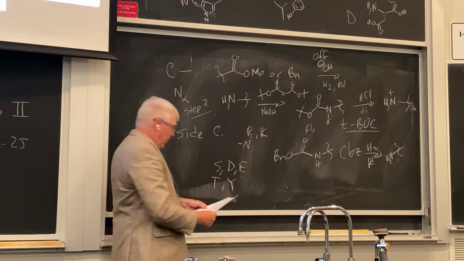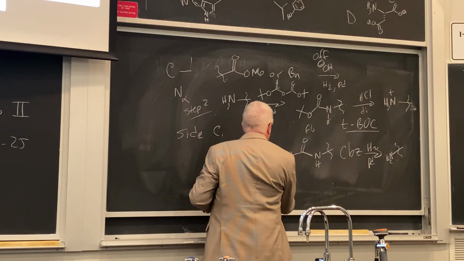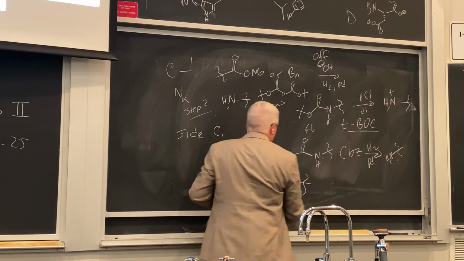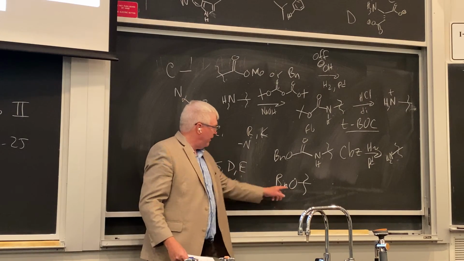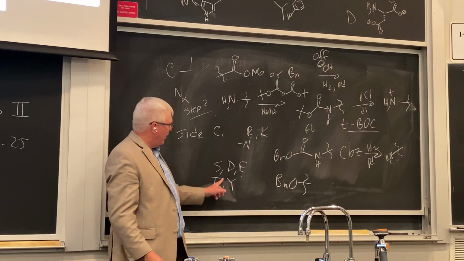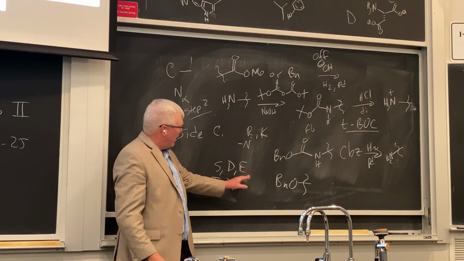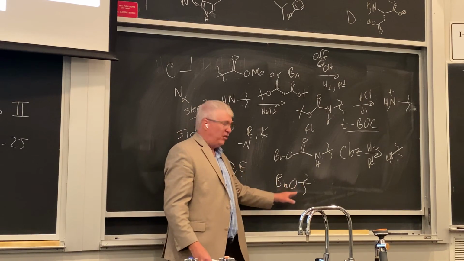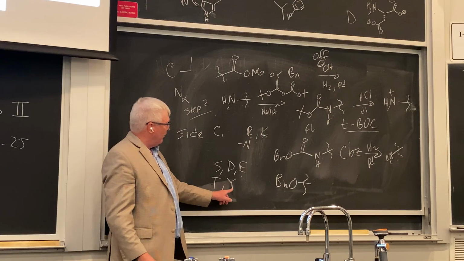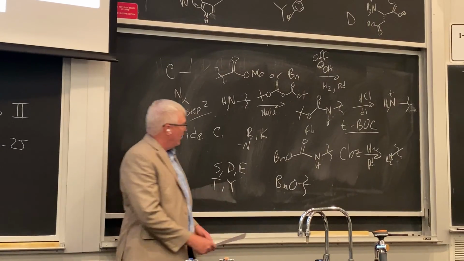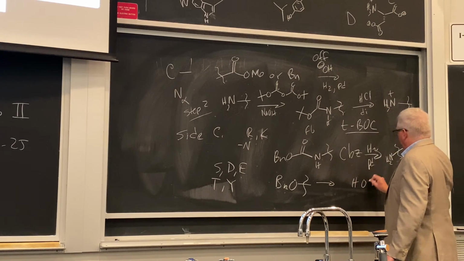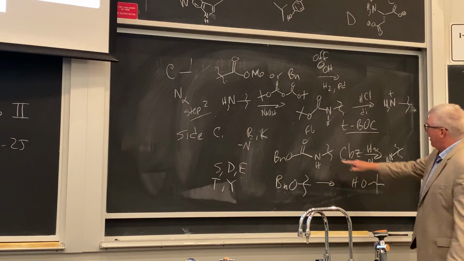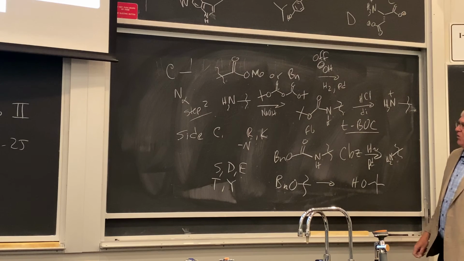Okay? So we have those protected actually as benzyl ethers. Serine, that's a primary alcohol, threonine is a secondary alcohol. Aspartic acid, glutamic acid, you see those would be benzyl esters, and also benzyl ether on tyrosine. Those also come off with the hydrogen and palladium, right? And that's only at the end when you take off the side chain protected groups also.